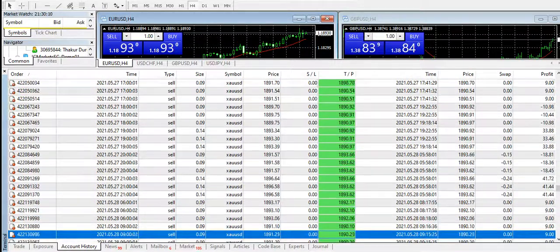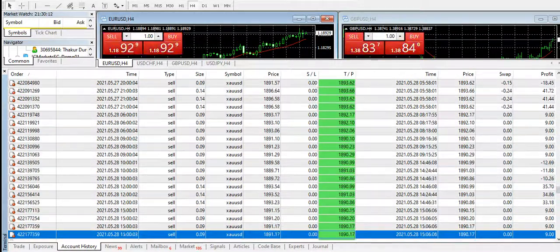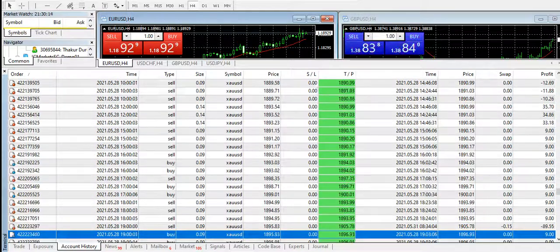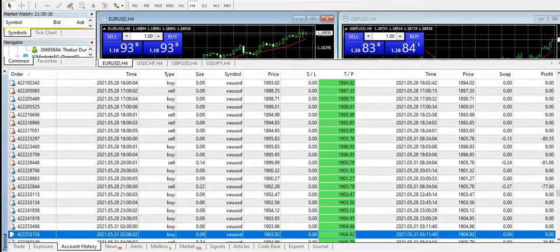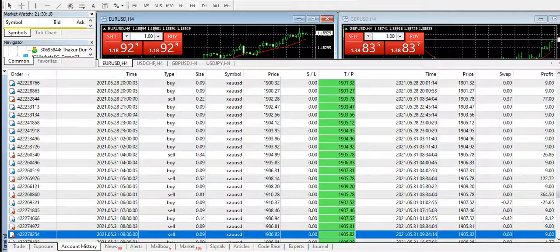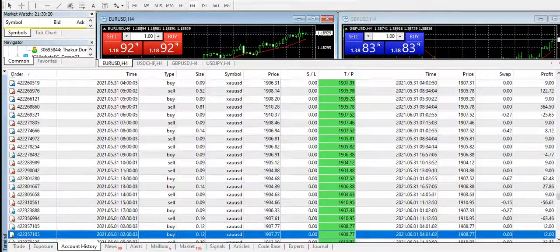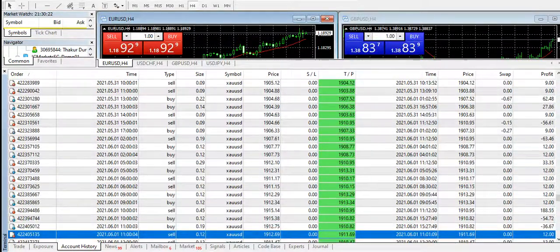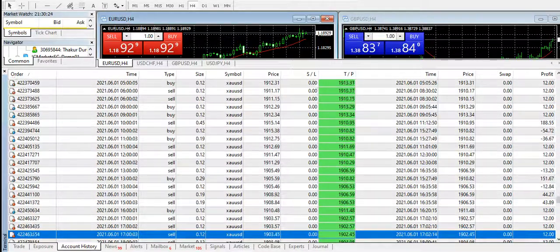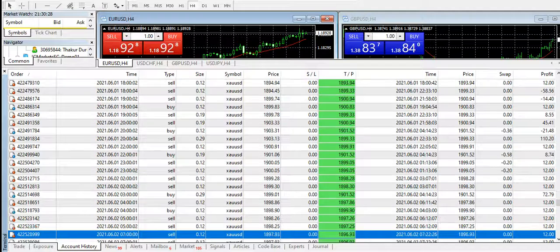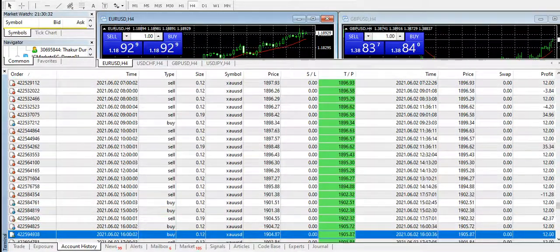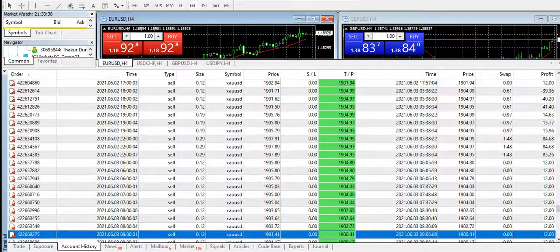I personally don't prefer, guys, even on gold, 0.01 itself is a good number if you're trading gold, unless you have millions of dollars in your account, right? Generally for a 2000, 3000, 4000 US dollar account, I generally trade with 0.01. Now the lot size has been increased to 0.12.